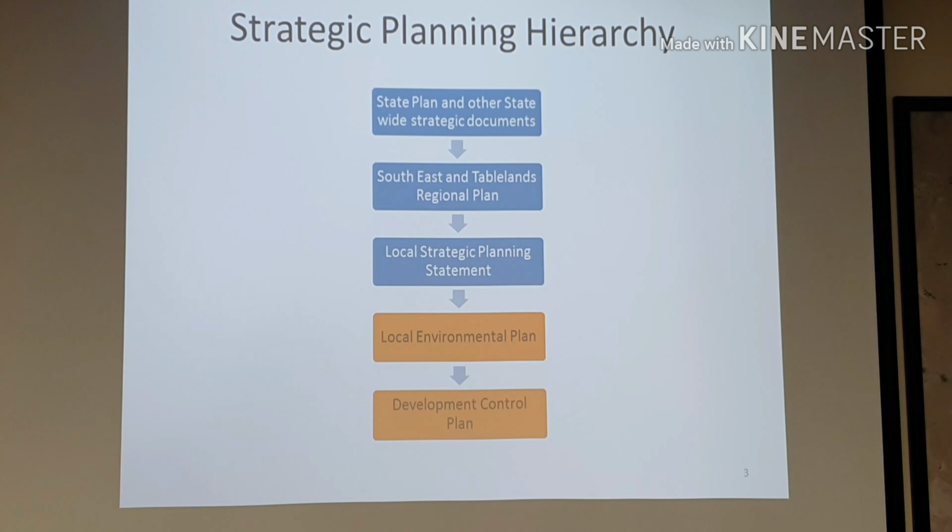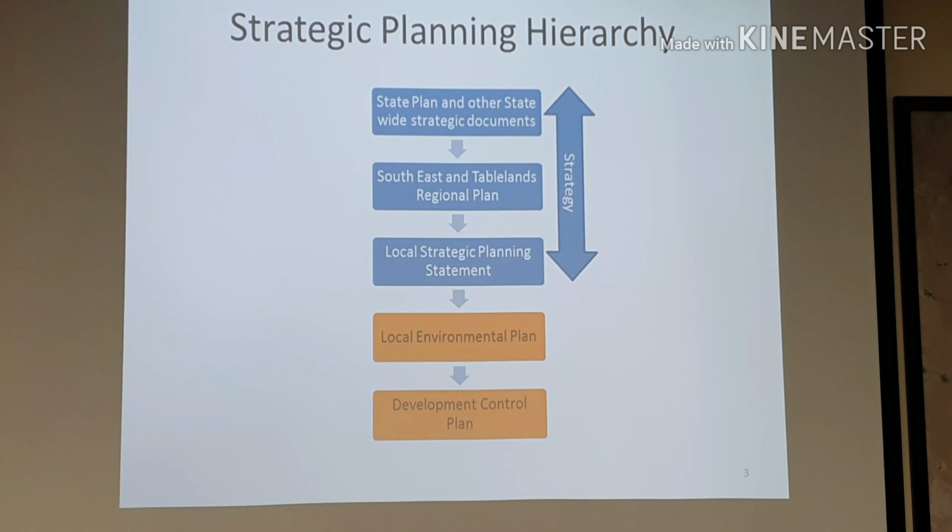So in terms of the overarching New South Wales strategic planning hierarchy, we've got the state documents and other statewide strategic planning documents, the regional plan, which is South Eastern Tablelands Regional Plan in this instance, and then the local strategic planning statement, which is our local overarching strategic plan for the Snowy Monaro.